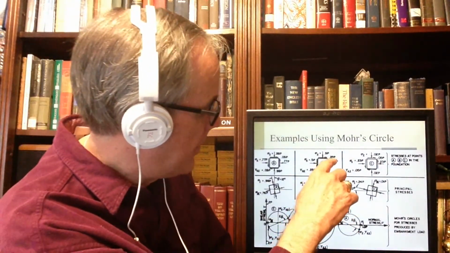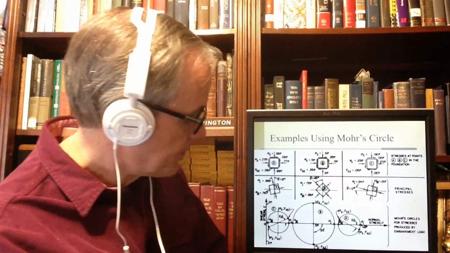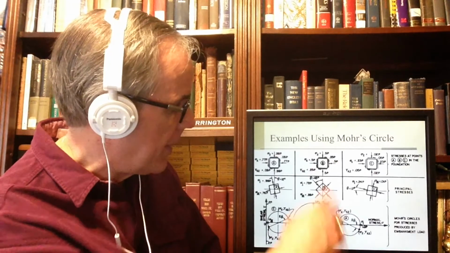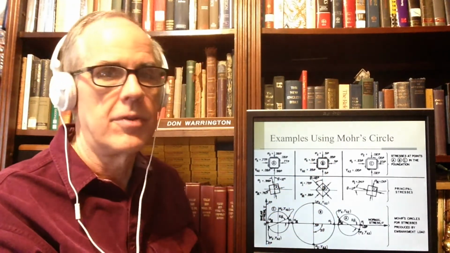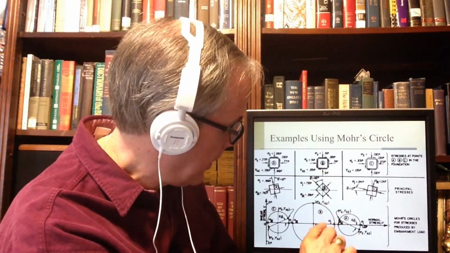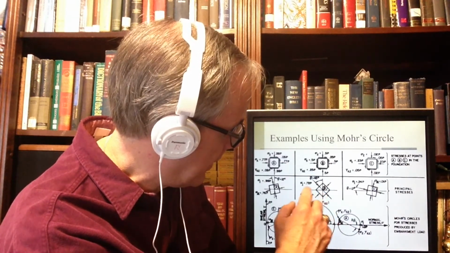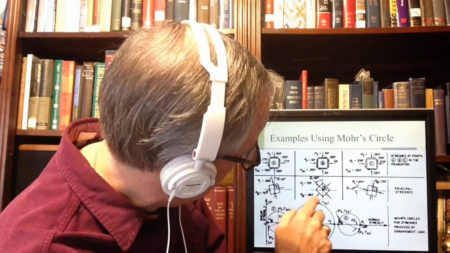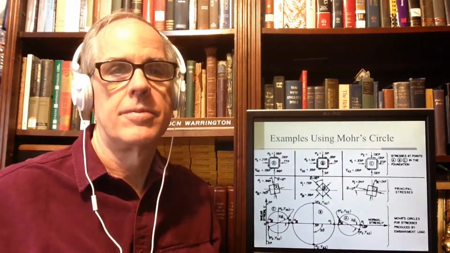And this shear stress right here is 0.25p. What this means is that the stress states here are here and here on the Mohr circle. And then when we rotate this 45 degrees, we go 90 degrees to the principal axis, and the principal axes are at 0.72 and 0.28. These are the principal axes, here and there.